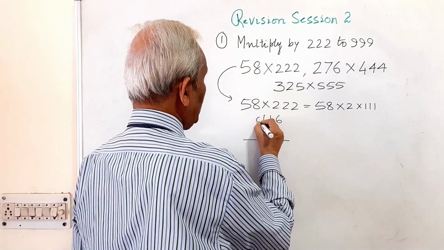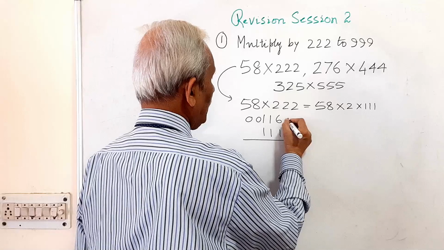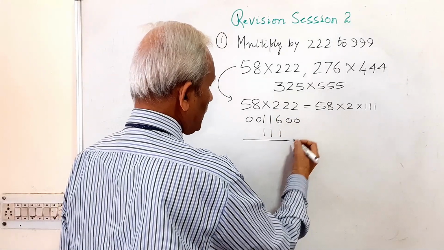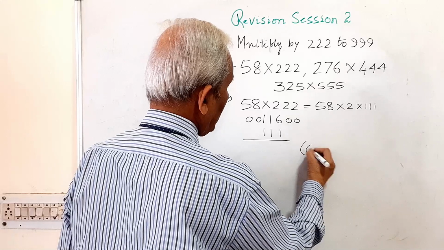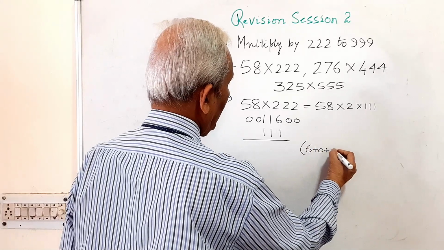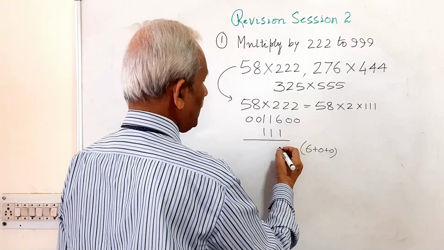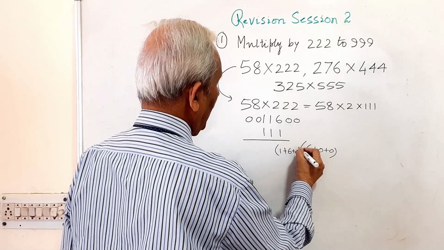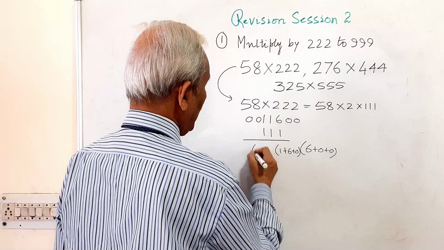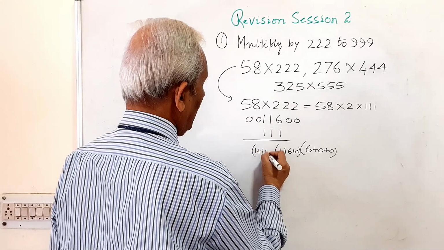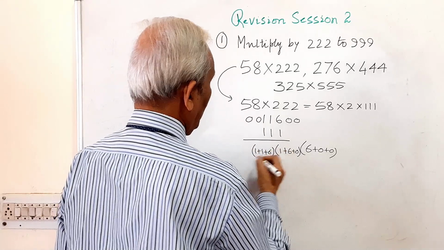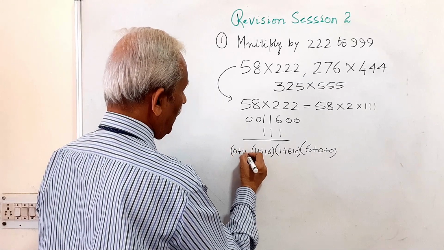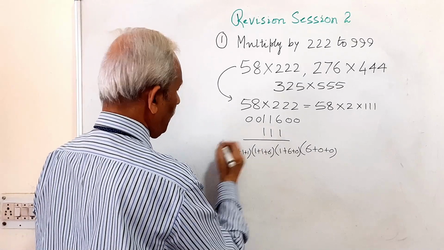We just added two neighbors, adding zeros on this side and this side. 6 plus 0 plus 0, then 1 plus 6 plus 0, then 1 plus 1 plus 6, then 0 plus 1 plus 1, and then 0 plus 0 plus 1.